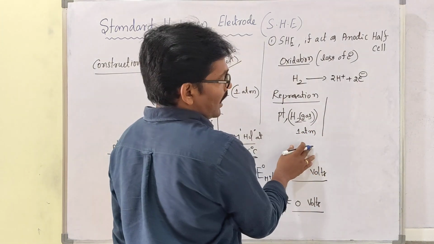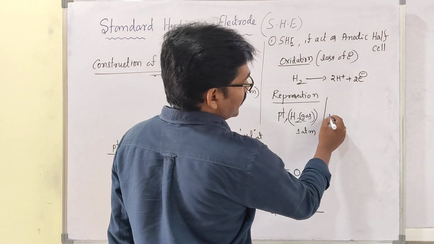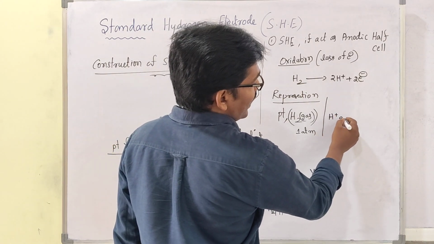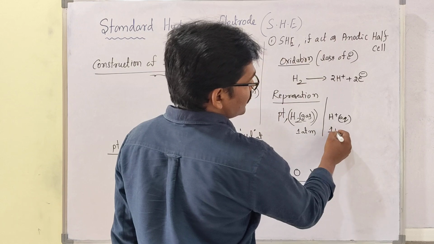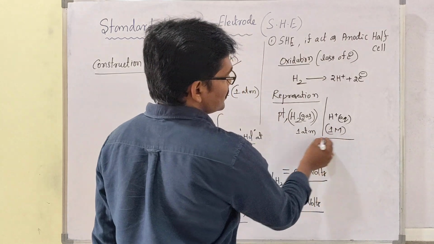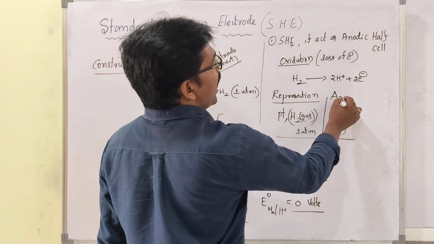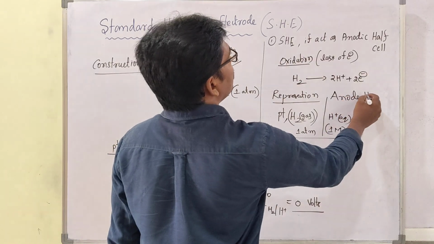Then one more line, and you have to mention the H plus ions in the aqueous solution, at 1 molarity, like this. This is the representation of the anode of the cell.